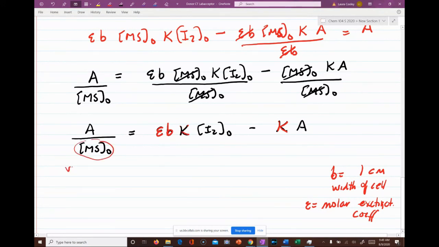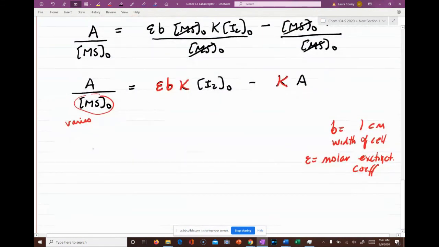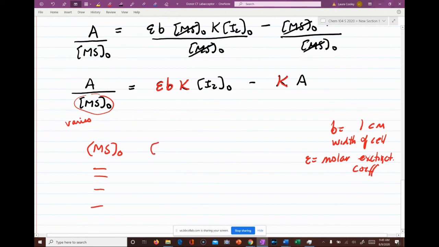MS0, this varies. Remember I said that we're going to run this experiment with several different methyl salicylate initial values. So we'll have a whole bunch of different ones of these, actually 7 of them. And then the absorbance will be measured that corresponds.